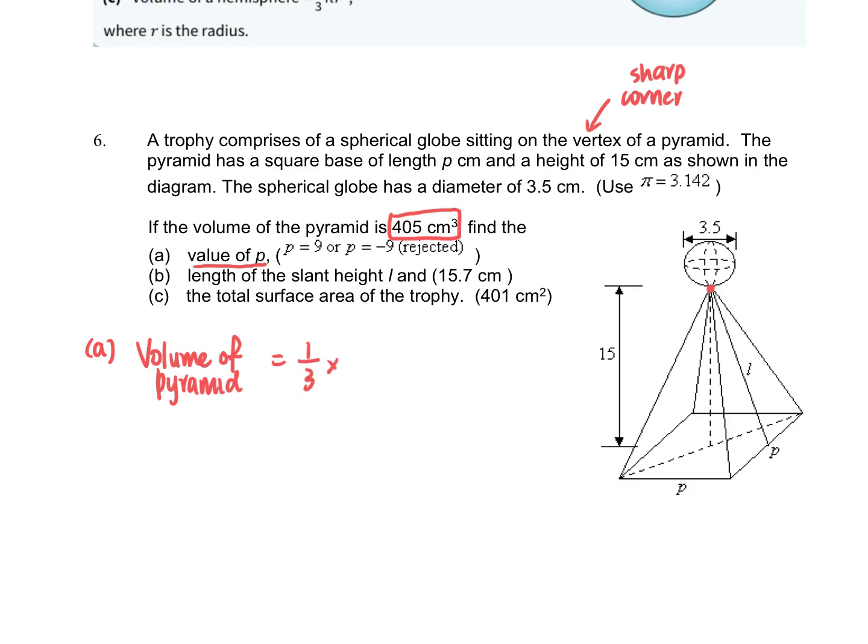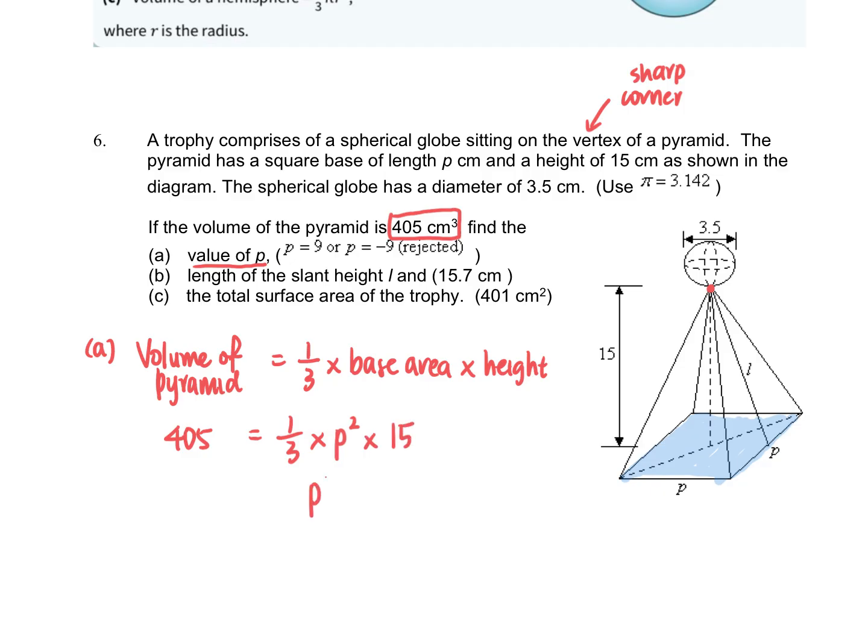1/3 base area times height. So I know it's 405. Base area is just the area of the square. This piece, which is P times P. So I can write it as P squared. And then my height is 15.